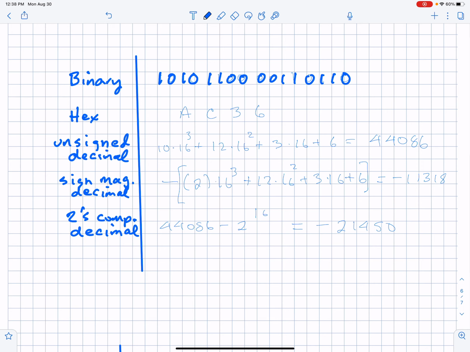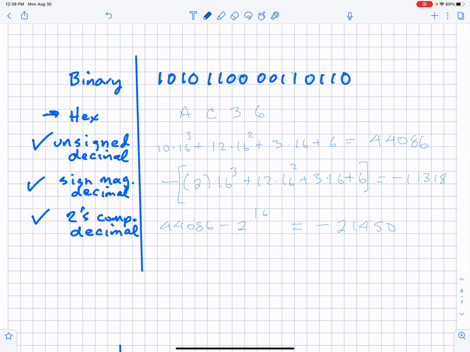Okay, and I wanted to make this conversion to hex. Hex is pretty easy. And then I wanted to interpret what's in the register based on a number of different things. Number one is unsigned decimal, sign magnitude decimal, and 2's complement decimal.